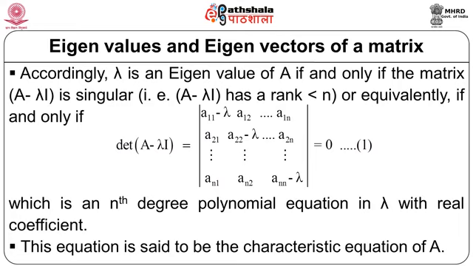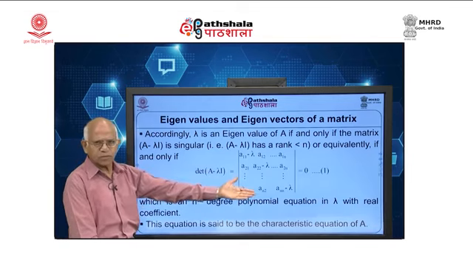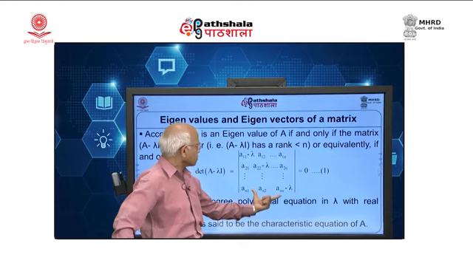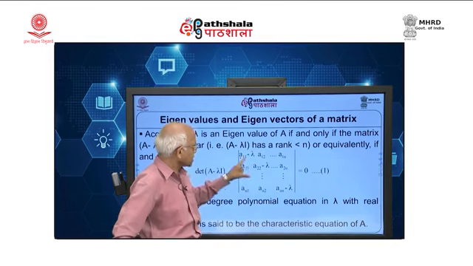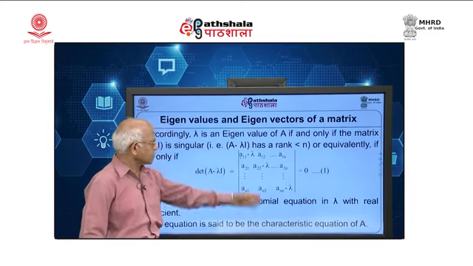Accordingly, lambda is an eigenvalue of A if and only if the matrix A minus lambda I is singular. That is equivalent to saying that the determinant of A minus lambda I is equal to 0, and the determinant will be written in this format: from the diagonal elements lambda will be subtracted, and the remaining coefficients are the same as the coefficients of matrix A, and that will be equal to 0.